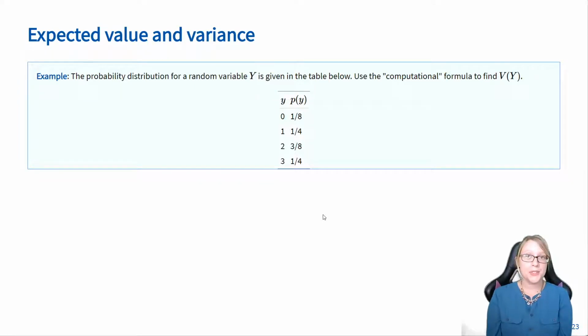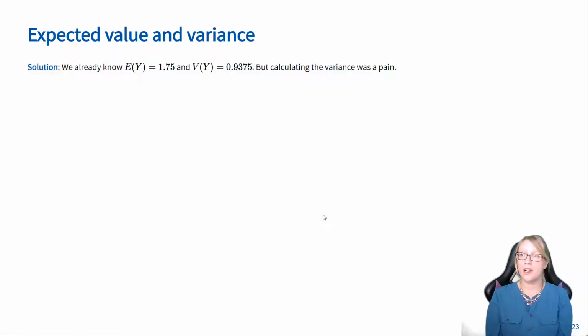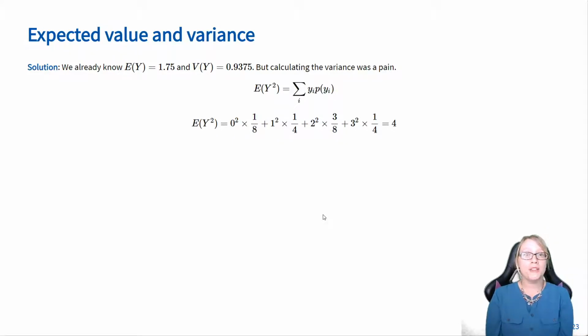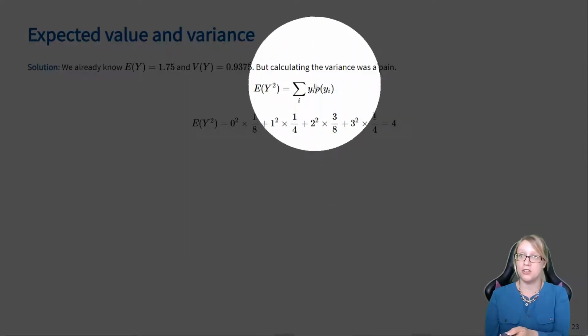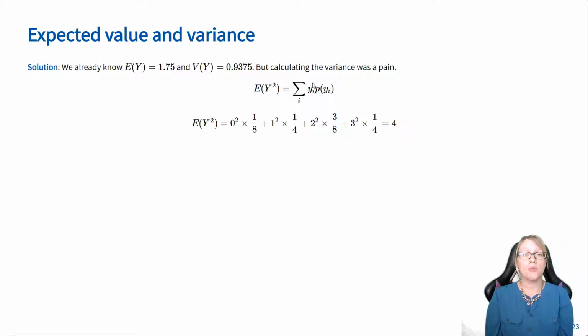Okay, so let's use the computational form to find the variance of y. We already know what the variance is, but let's just see if we can make this a little bit easier. First, we need to find the expected value of y squared. So in our summation, we want to add a squared up here. So our expected value of y squared is 0 squared times its probability plus 1 squared times its probability, and so on.